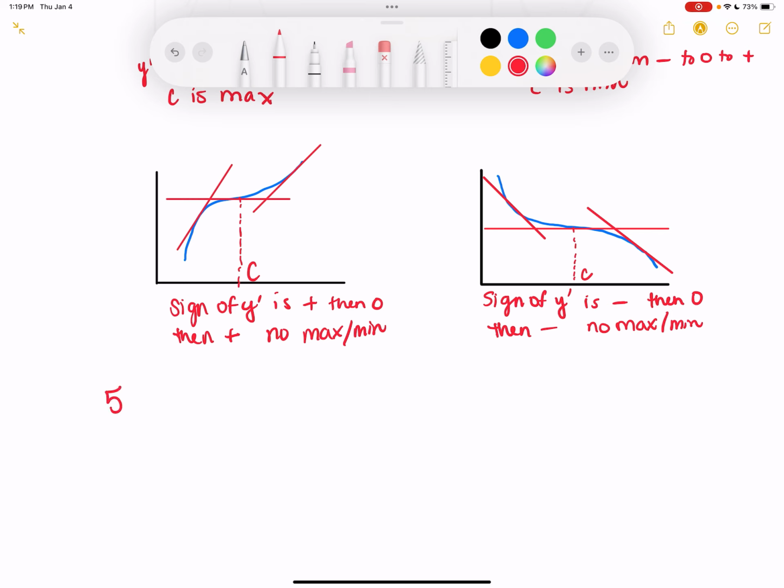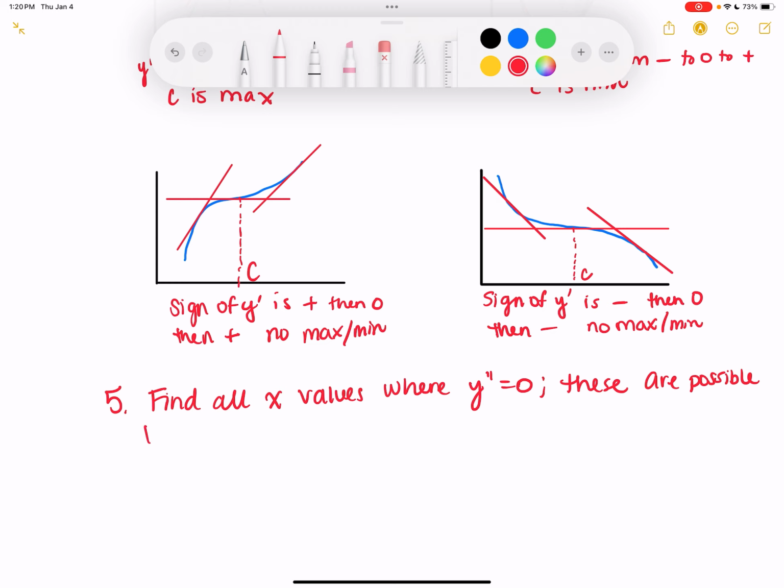All right, step 5. Find all x values where y double prime is equal to 0. These are possible points of inflection.